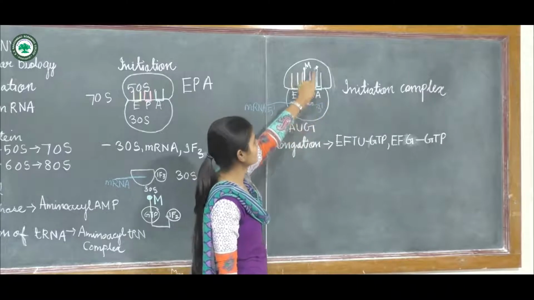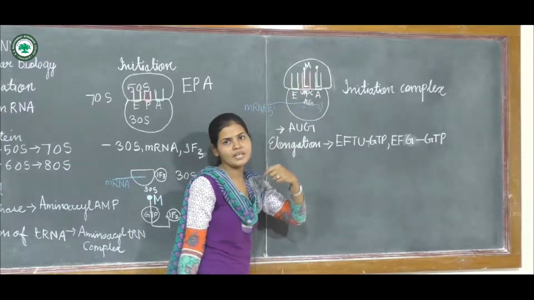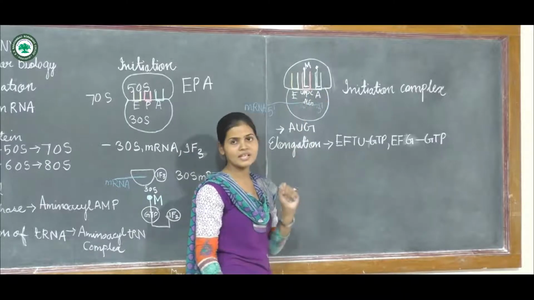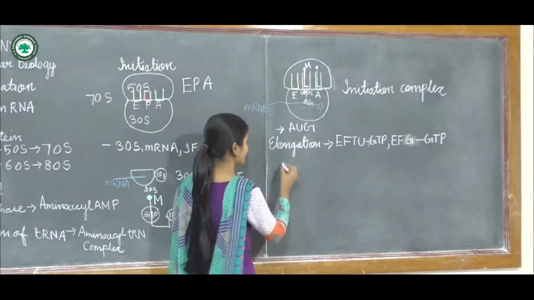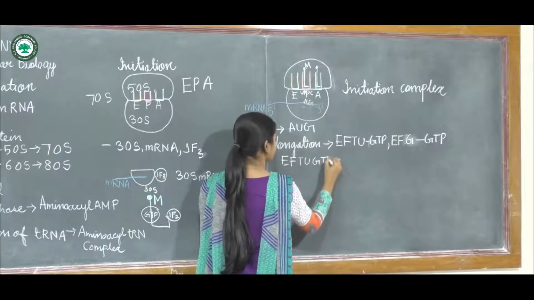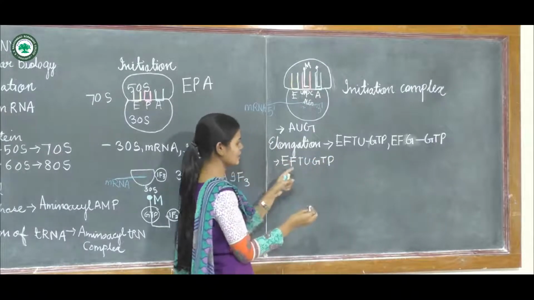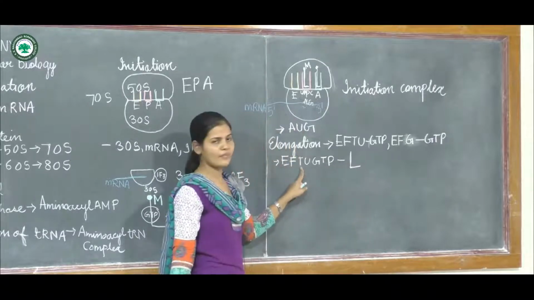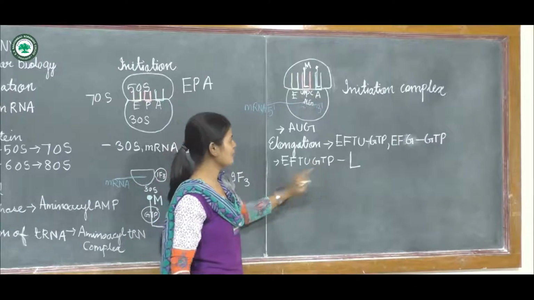On the basis of that, this amino acid will be coming along with the tRNA. This tRNA is brought by this factor, that is EF-Tu GTP.